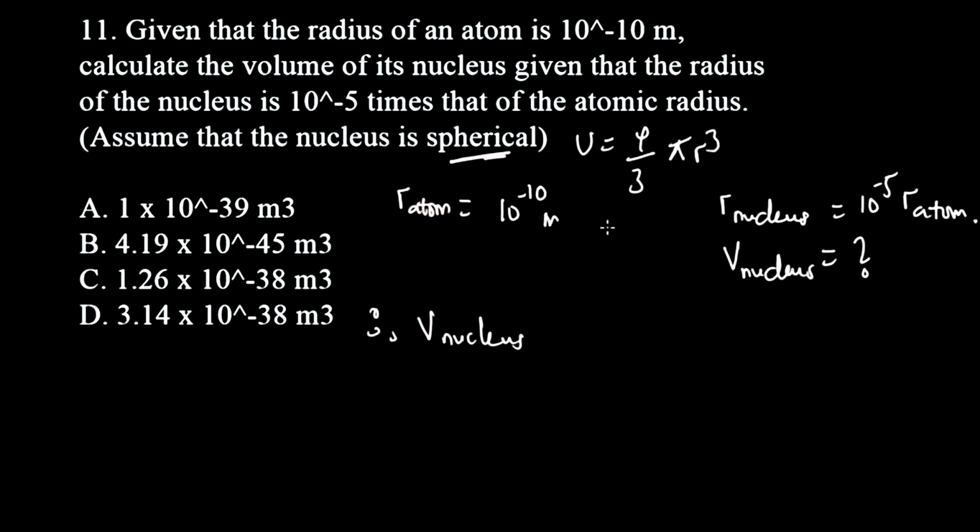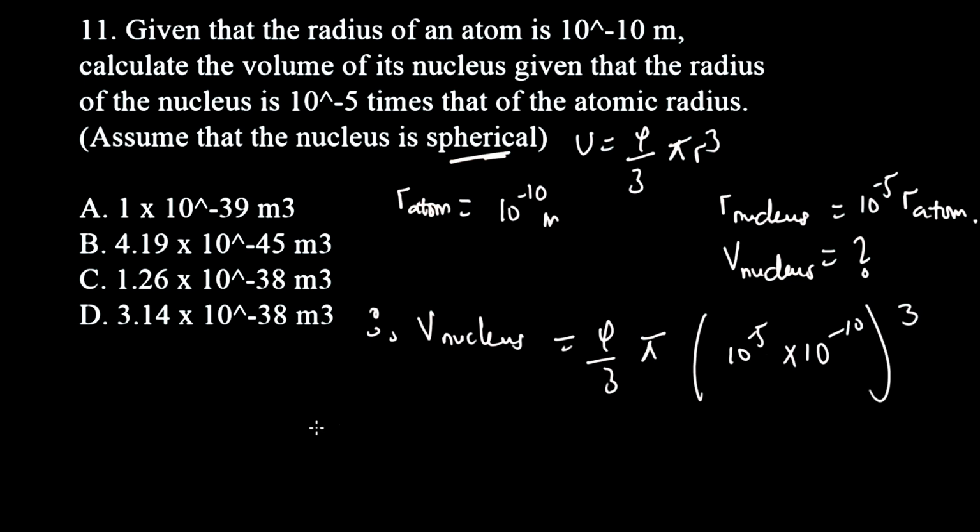So that's the volume for a sphere. So we have 4 over 3 pi, and the radius is 10 raised to power minus 5 times 10 raised to power minus 10, all cubed. So the volume is equal to 4.19 times 10 raised to power minus 45 meter cubed. So option B.